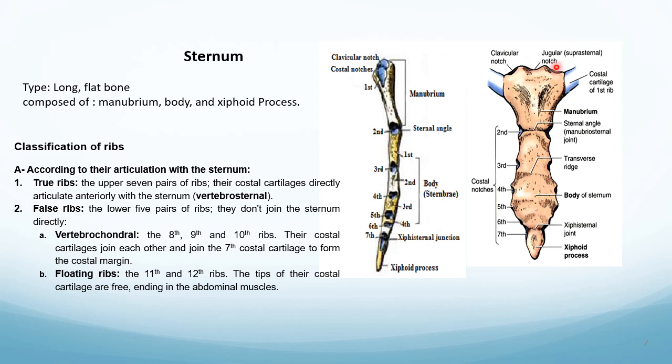Showing the following features: the upper border of the manubrium showing the jugular notch or suprasternal notch. On both sides there is the clavicular notch for articulation with the medial end of the clavicle, forming the sternoclavicular joint. Lateral to the clavicular notch there is a notch for the first costal cartilage, articulating with it.